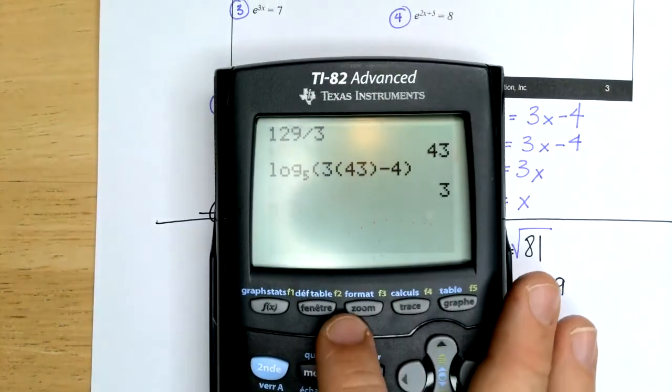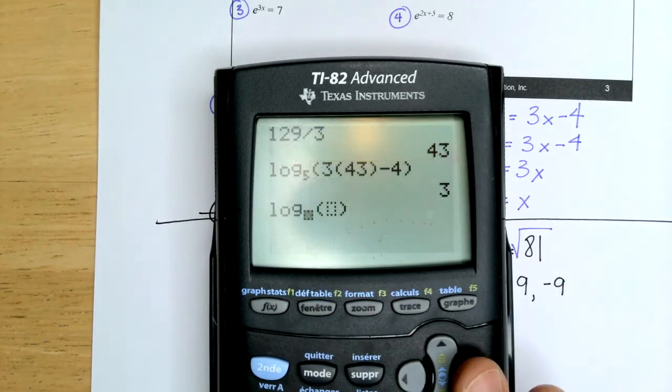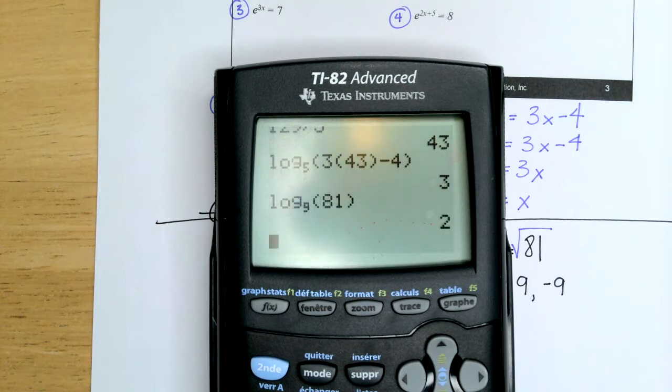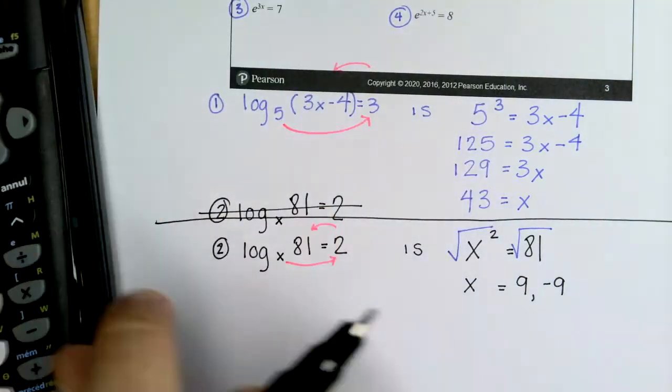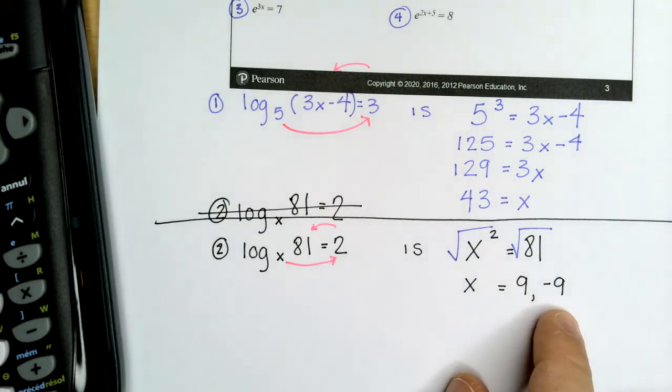So the log base 9 of 81 is 2. And if we think about it, negative 9, yeah, negative 9 should work, right?